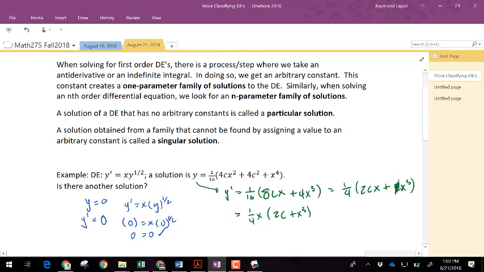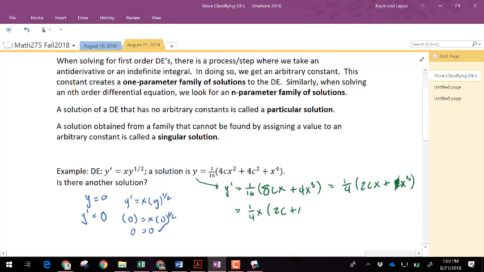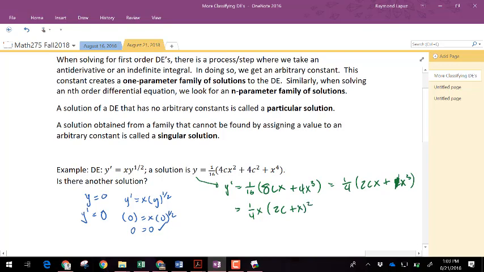So that's x squared plus 2c plus x squared. Okay. All right. So that's what the derivative is equal to.